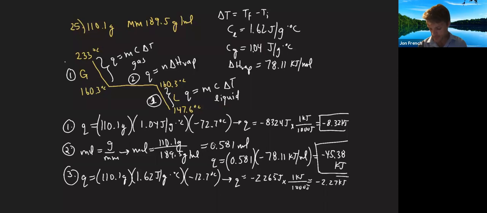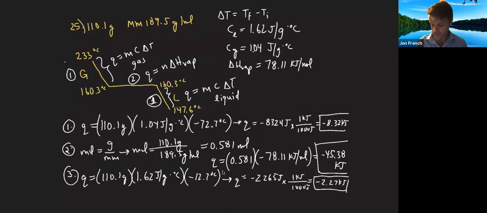And then part D, they're asking for the total energy. The total energy would be the sum of all of these energies. For cooling down the gas, we go through that phase change, going from a gas at 160 to a liquid at 160, and then we cool that liquid down further to reach 147 degrees Celsius.